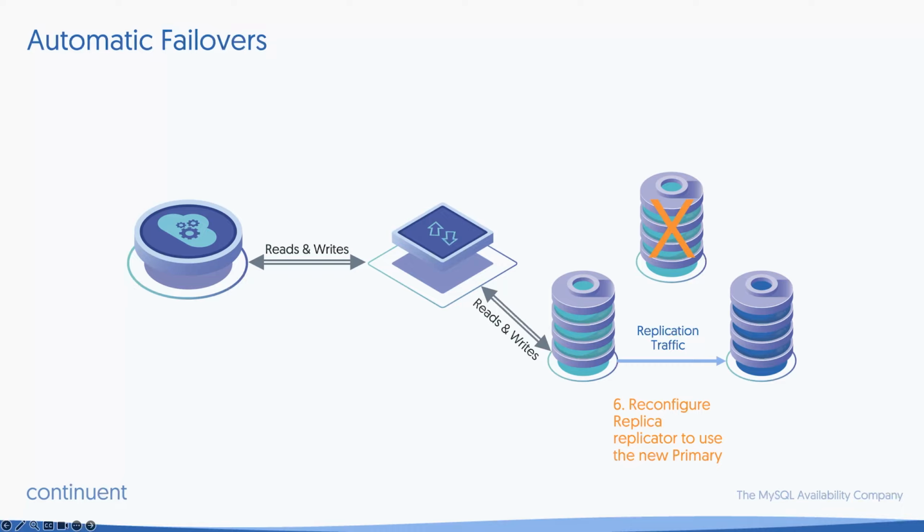The remaining replica will be configured to now see the newly promoted primary as the source for its replication. When your DBA or system engineers have resolved the issue with the failed primary, the node can be recovered and placed back into the cluster, this time as a replica. We do not automatically switch the roles back when you reintroduce a failed node. Replication is then recovered and we have an operational cluster once more.